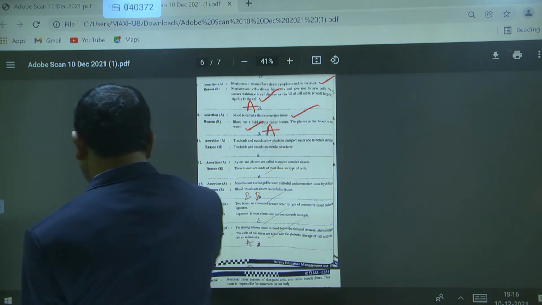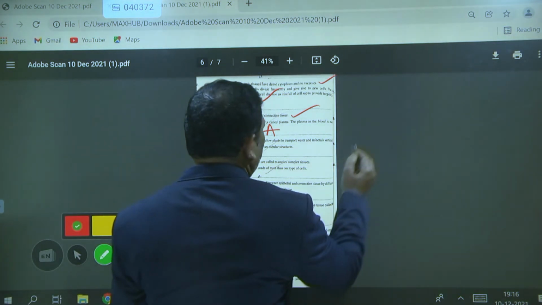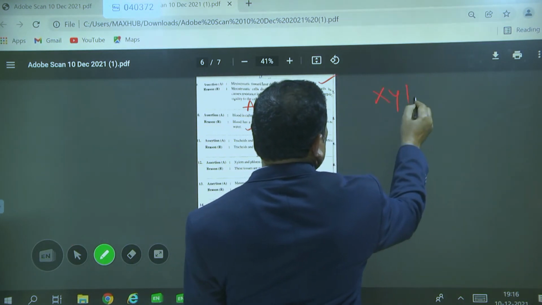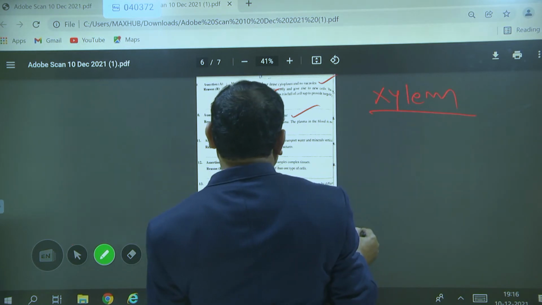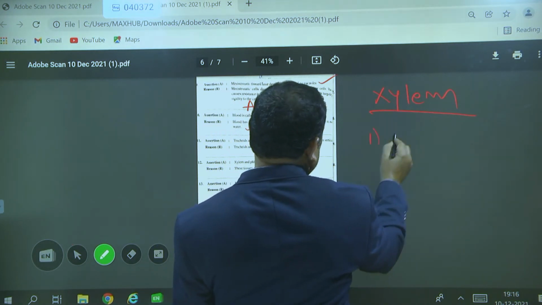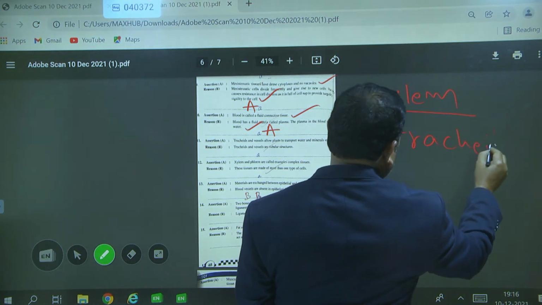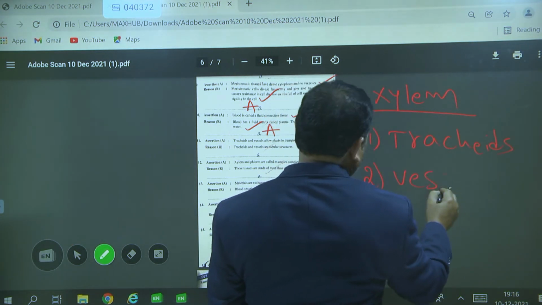Actually, you know very well. In the xylem, what components are present? First one is the tracheids. Second one is the vessels.